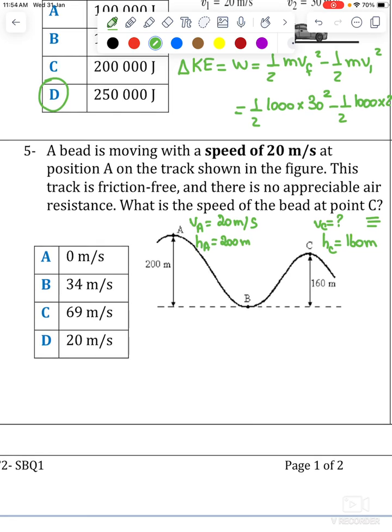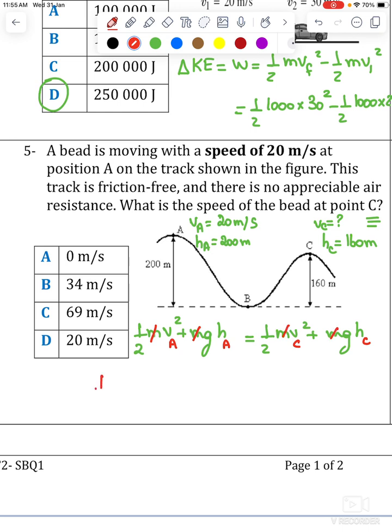I apply the conservation of mechanical energy here due only to the kinetic and the gravitational potential energy, the same thing there at position C and at position A. Now eventually I can cancel out the mass because I have it everywhere.